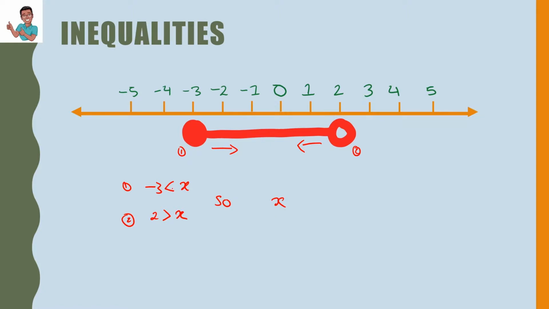We know that x is going to be greater than -3. Don't forget it's shaded, so we have to put the equal to line. And we know that x is going to be smaller than 2. This is our final inequality for this line.